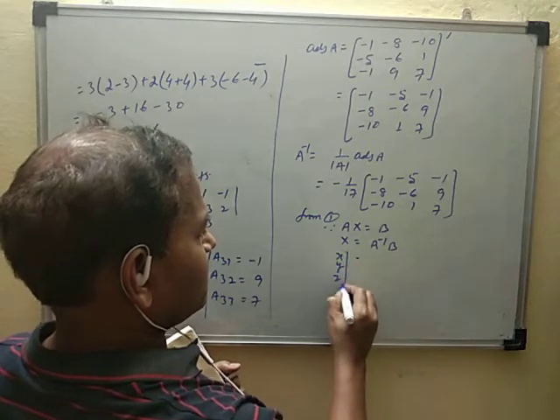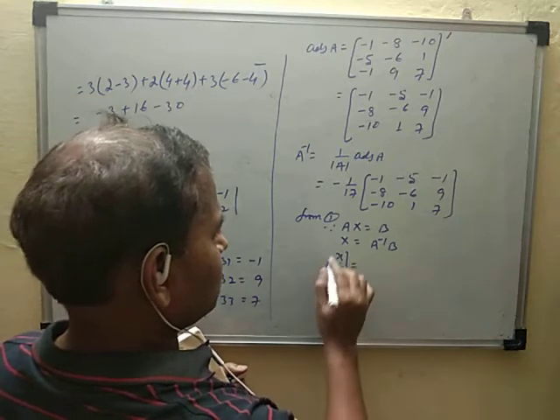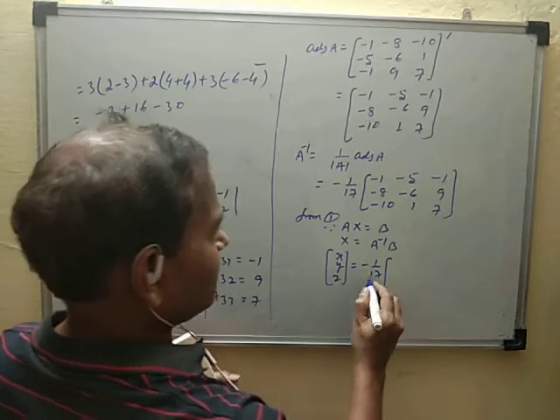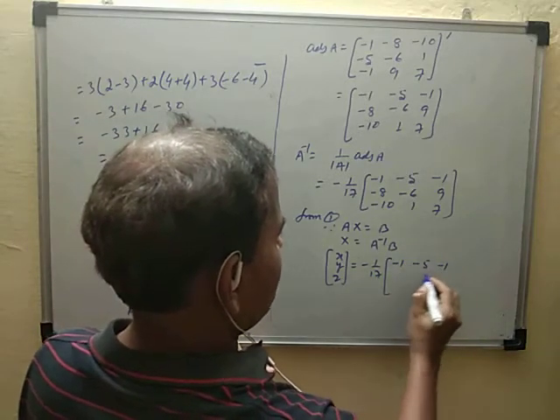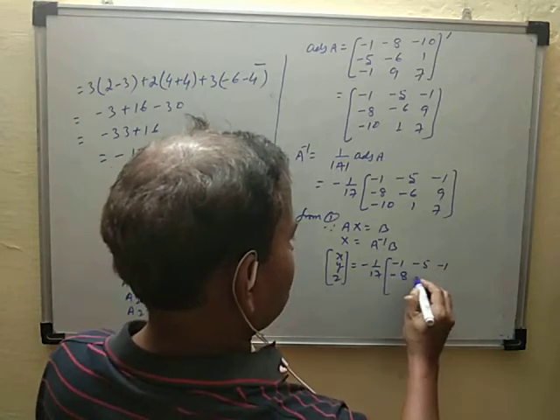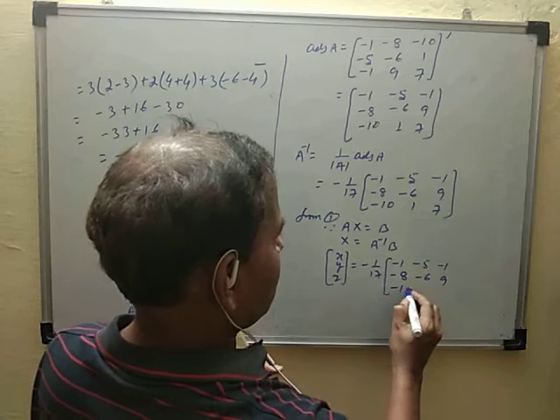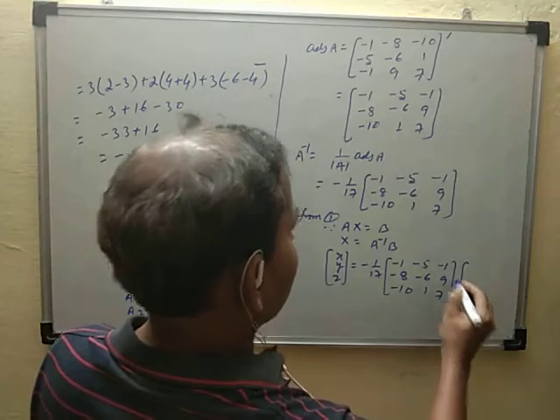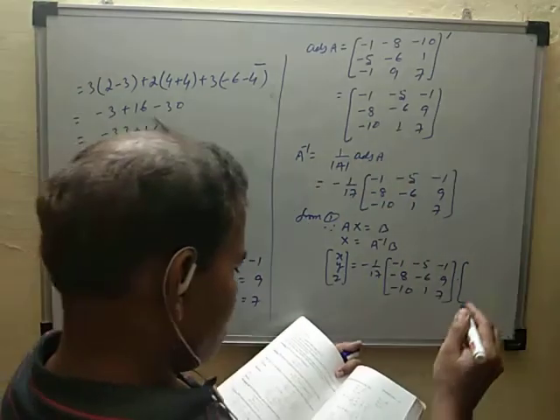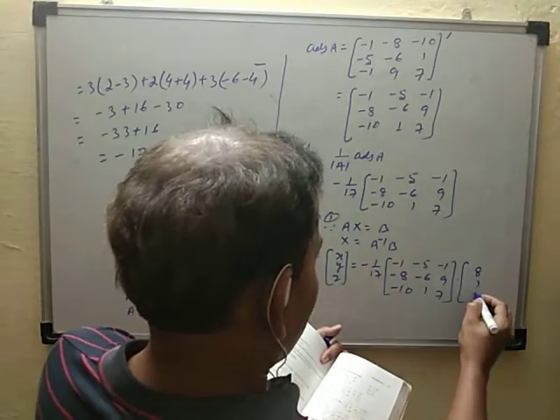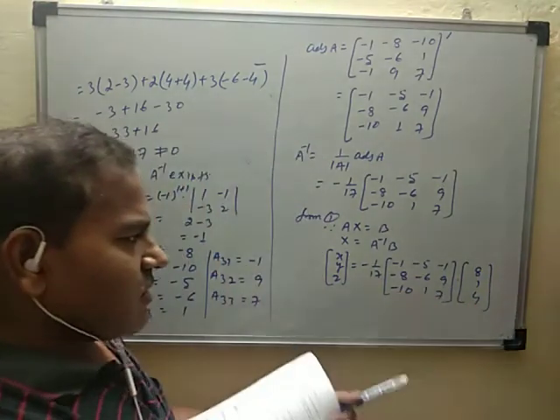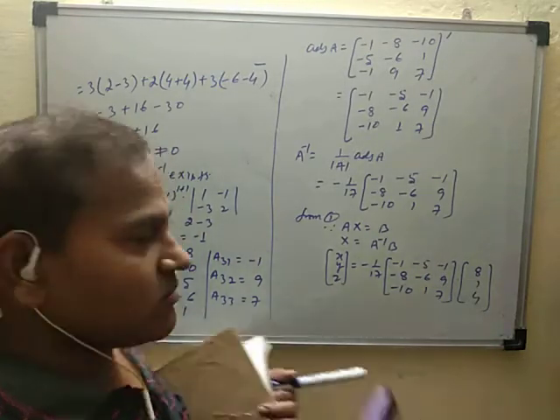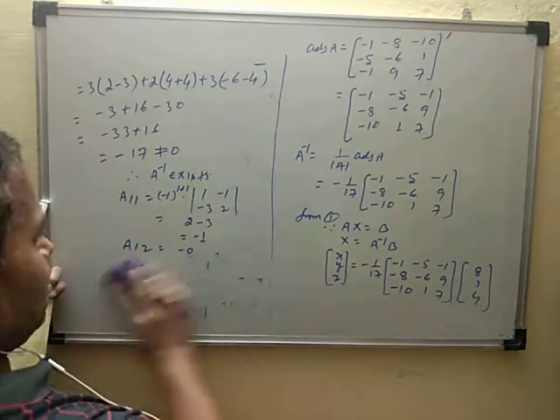X, Y, Z is equal to A inverse, which is minus 1 by 17 times minus 1 minus 5 minus 1, minus 8 minus 6 9, minus 10 1 7, into B. What is matrix B? Matrix B is 8 1 4. Now multiply these two matrices.